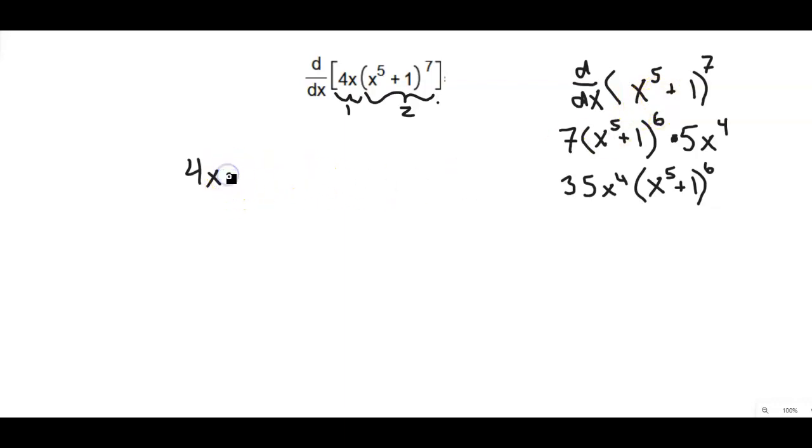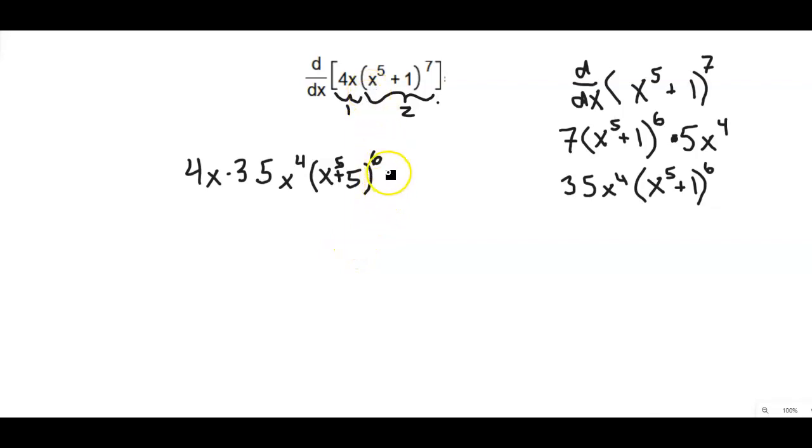So this is going to be times 35x raised to the fourth power, and x to the fifth plus 1, all raised to the fifth power, and this is all raised to the sixth power, like this.